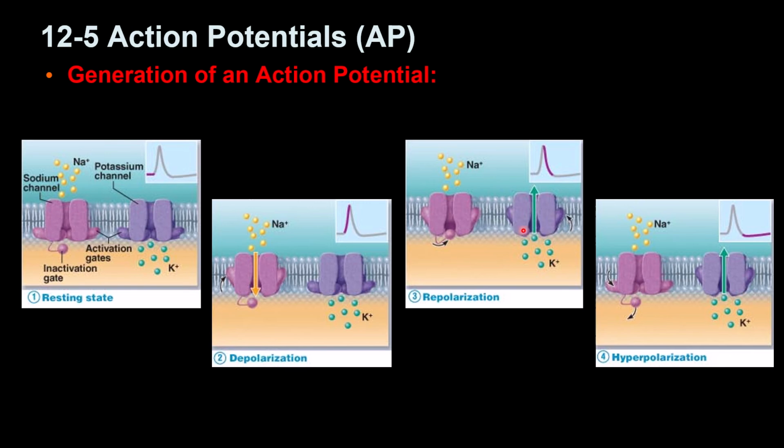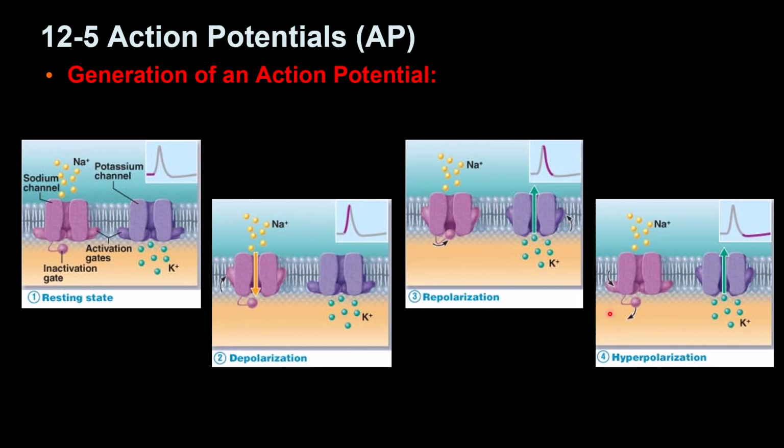But now the activation gate of the potassium opens. Once this opens up, potassium leaves the cell. Potassium is positively charged. Once potassium leaves the cell, what will happen? Inside the cell becomes more negative. See? Now the cell is losing the positive charges. It's becoming more negative. This is called repolarization.